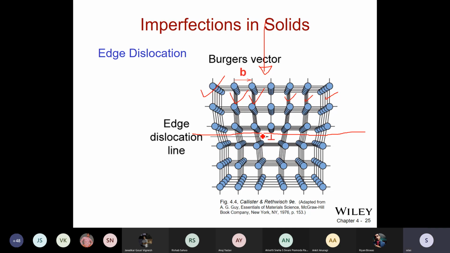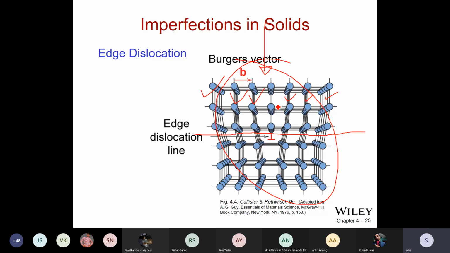In the top portion of the slip plane, atoms move away, and in the bottom portion they move towards the dislocation. So they are distorted with respect to their equilibrium position. So this region, a few atom spacings around the dislocation line, is distorted. And this is the region of localized lattice disturbance. I repeat, region of localized lattice disturbance, separating the slip region from the yet-to-be-slipped region.